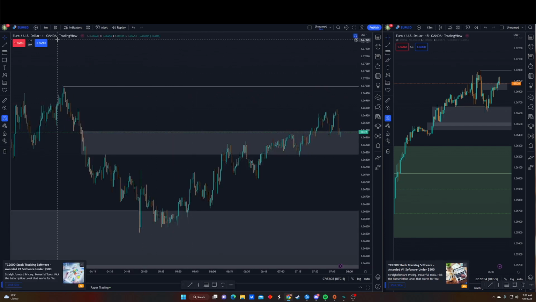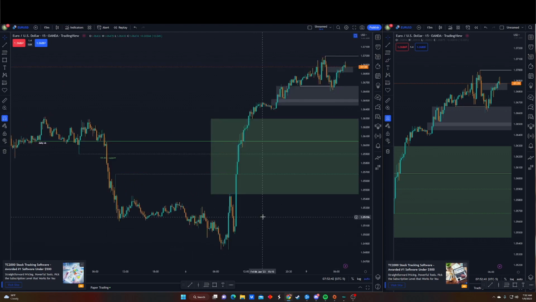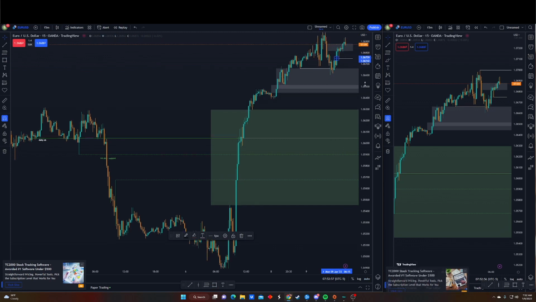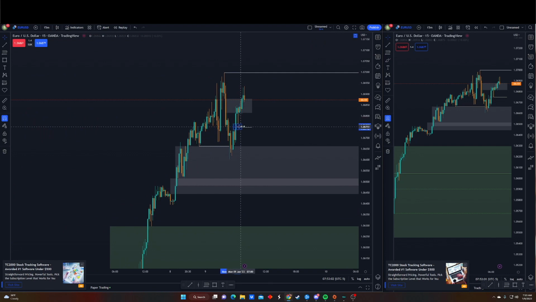What would that equivalent be? Fair value gap, 15-minute on euro, which represents that low as such a small gap. We'll make that green.